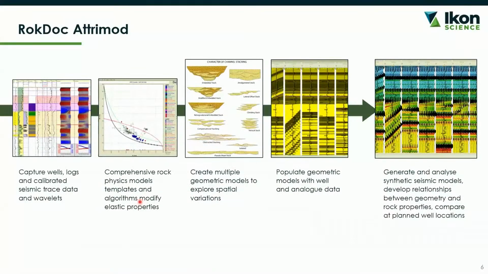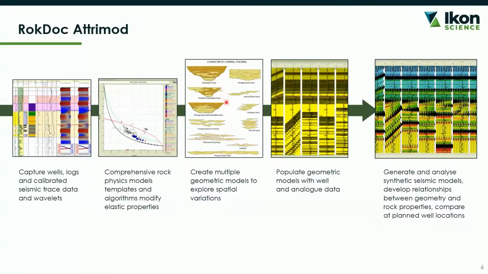So the general workflow here is that we use some well data or regional information to help populate our model using analogs, measured data, or rock physics library. Our geometric models are going to help us explore spatial variations.